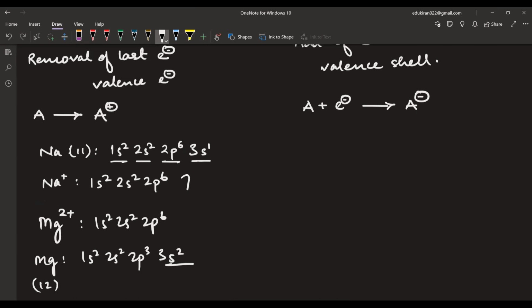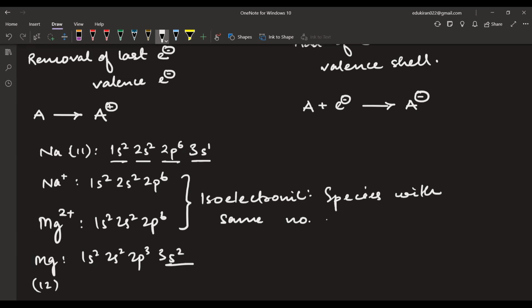So these types of species which have the same number of electrons are known as isoelectronic. Species with the same number of electrons.